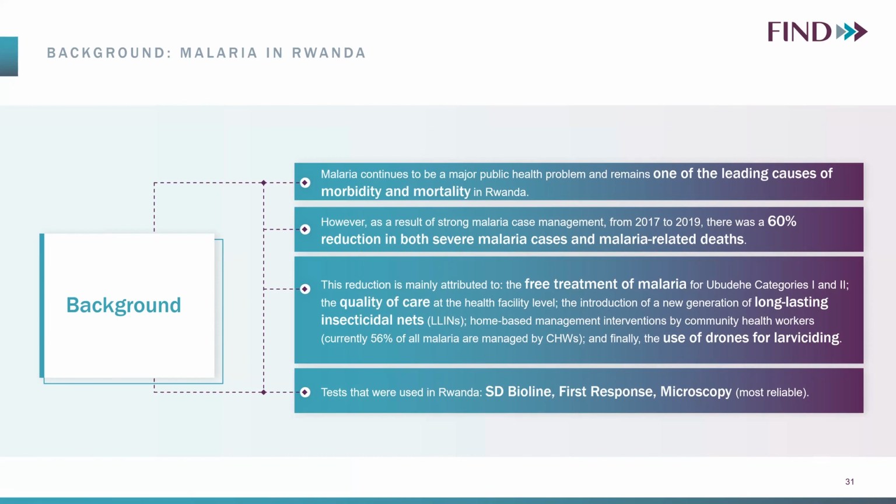And this reduction has been due to factors that have been put in place, such as quality of care, use of long-lasting treated bed nets, and the contribution of community health workers who are really doing very good work in our country. The tests that we have been using are SD BioLine and Fast Response, as well as microscopy.